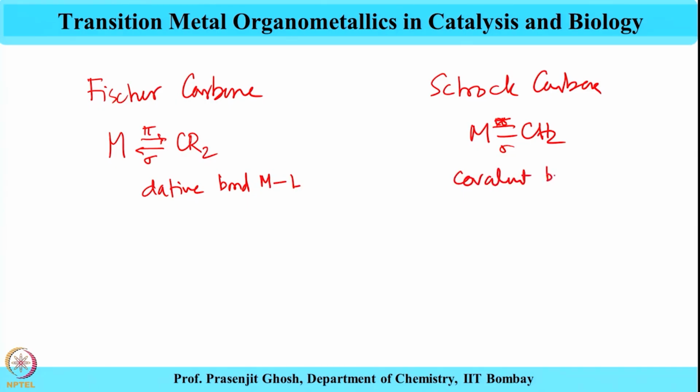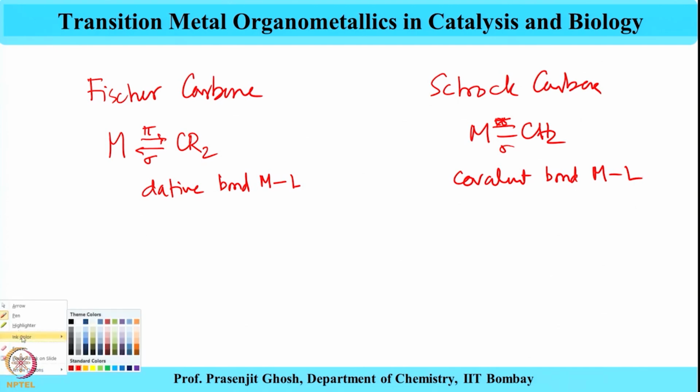between metal and ligand. So, in this context, another important discovery was made by Arduengo, and these are called Arduengo's bottle-able carbenes.